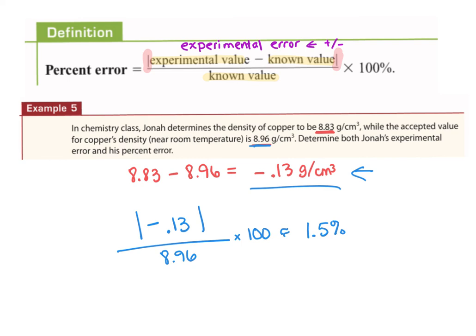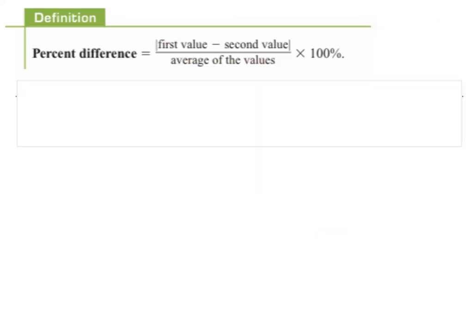All right, let's look at percent difference. This is similar, but we're not using the original amount or the known amount. We're actually using an average. For percent difference, we are strictly figuring out how far off it is from the average of the two.